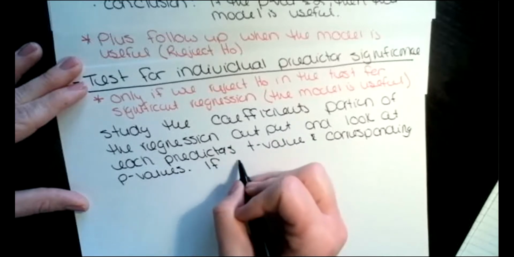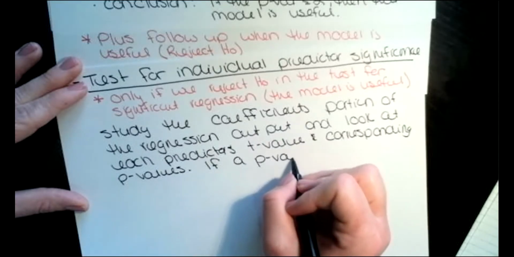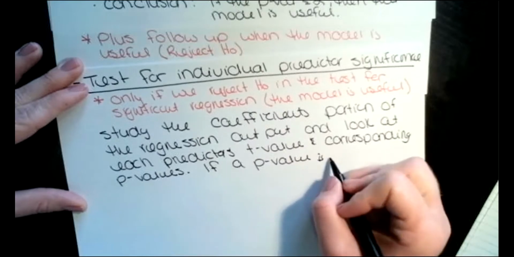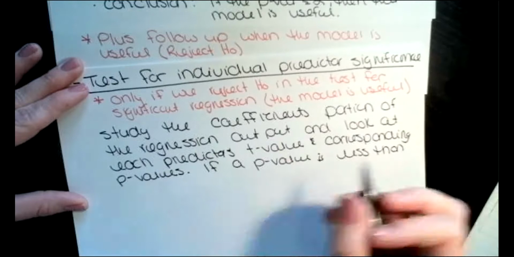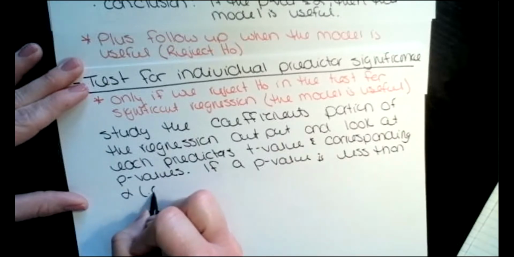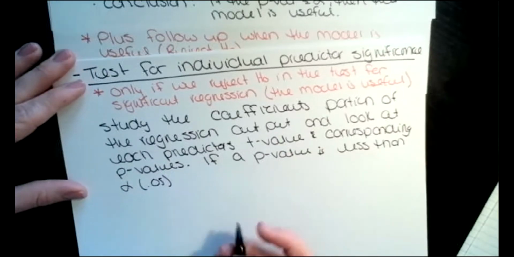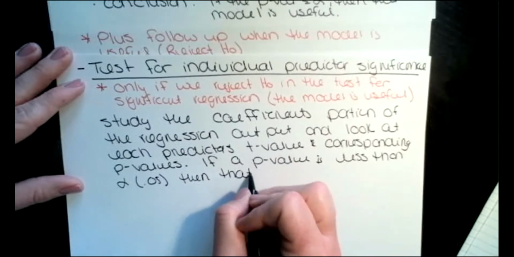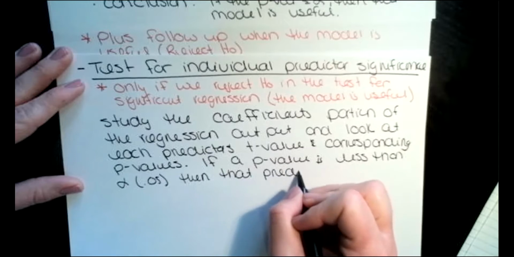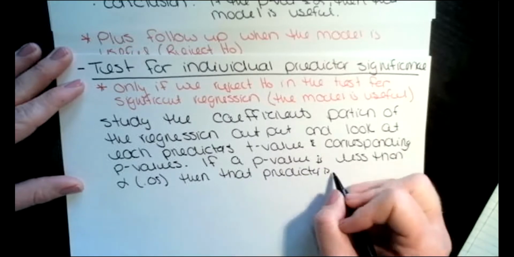Of course, if a p-value is less than alpha, 0.05, which we're going to use all the time, then that predictor is significant.